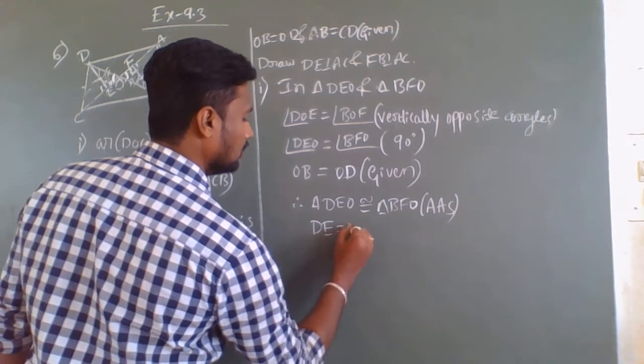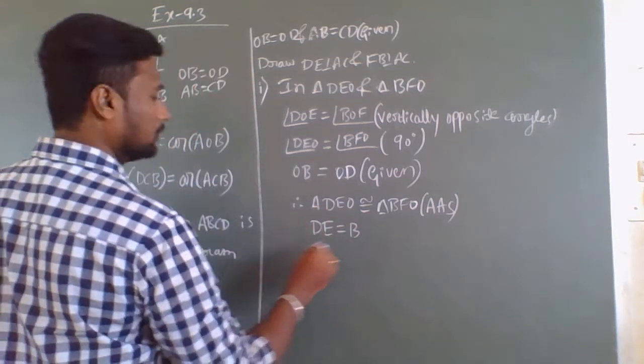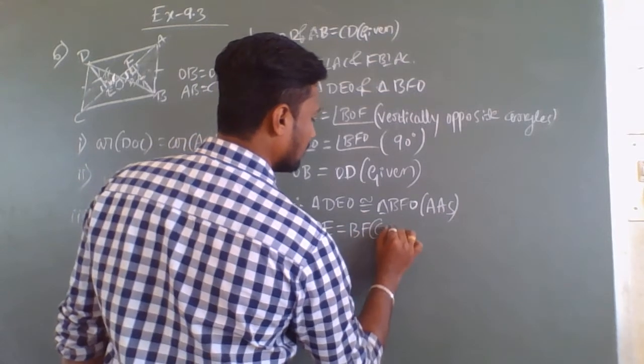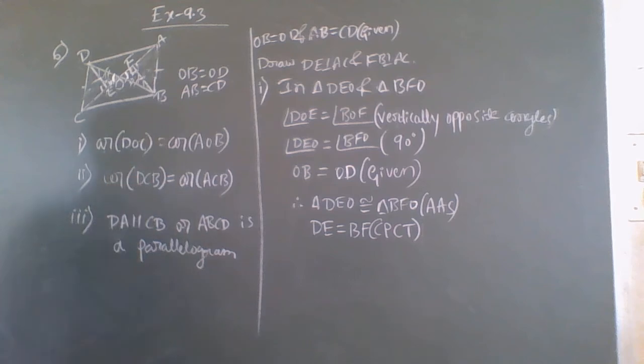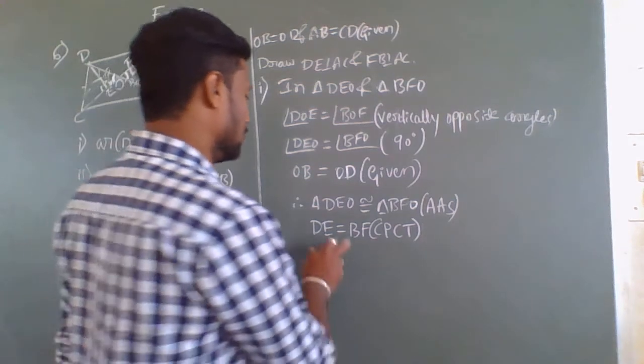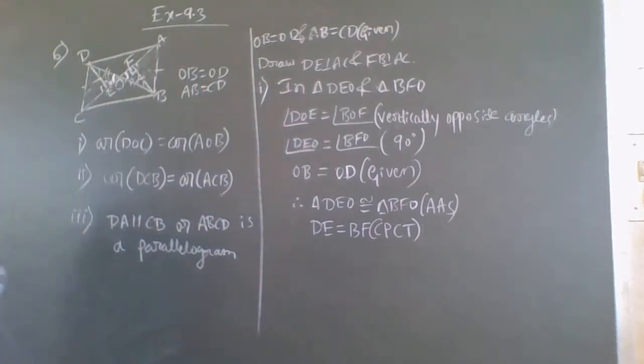Why? DE is equal to BF by CPCT. DE and BF are corresponding parts of congruent triangles. Therefore, DE is equal to BF.